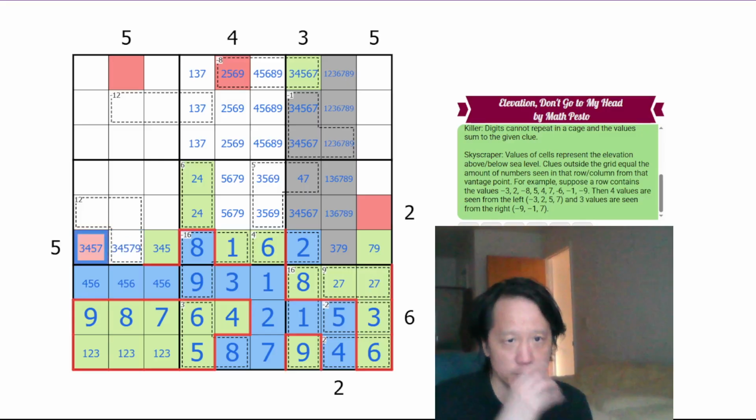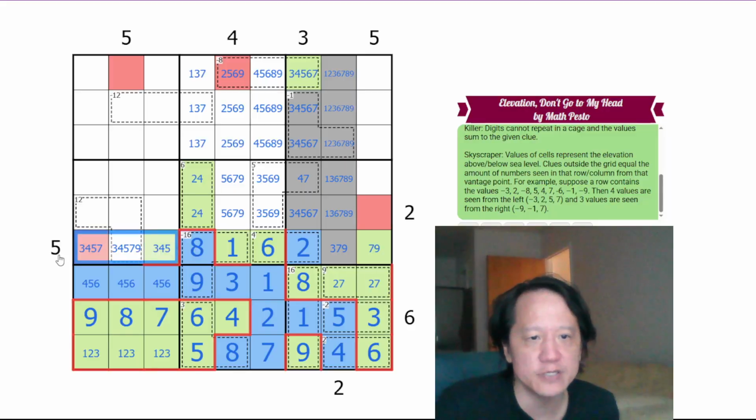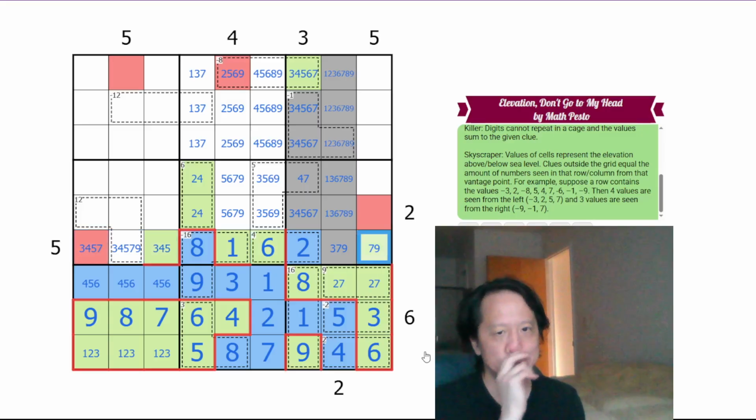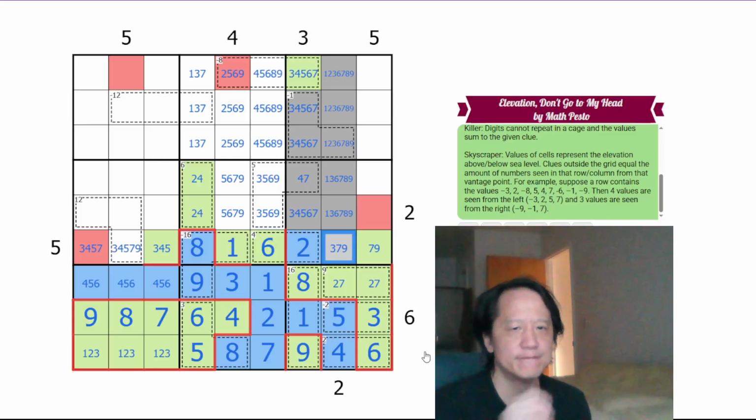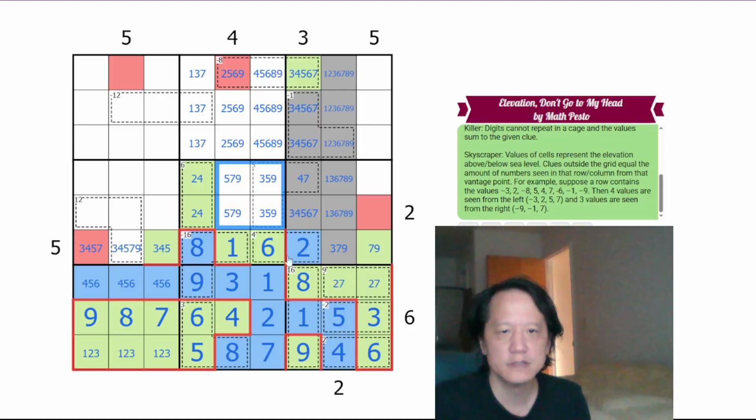No 9 here because of 9 in the column. So it must be able to see all 3 of these. It sees the 6, it sees this digit, and it cannot see that one, because it can't see the same as that. Okay. So 6 eliminates 6 in the rest of the box and column.